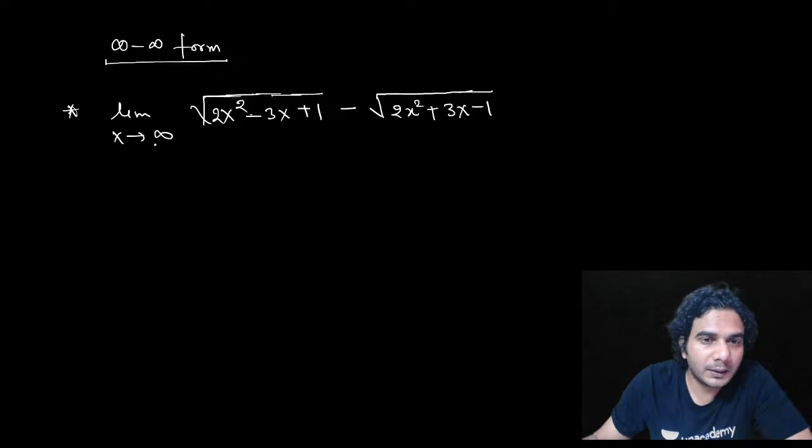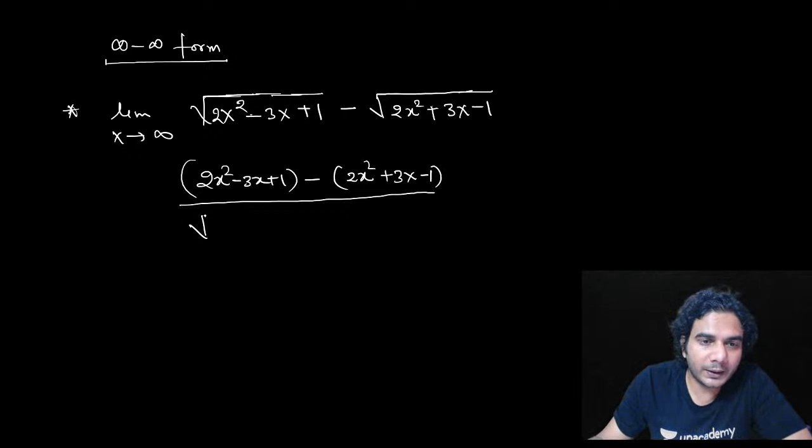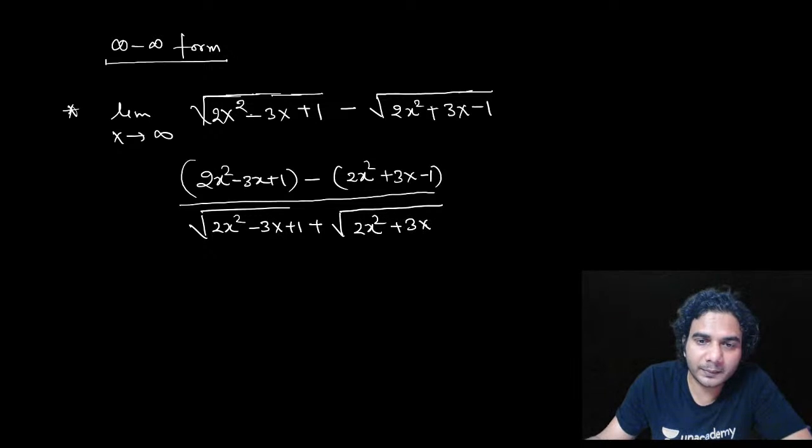So see this one, if I rationalize it, you will get 2x square minus 3x plus 1, and minus of it is 2x square plus 3x minus 1, all divided by under root of 2x square minus 3x plus 1 plus, it will be plus now, under root of 2x square plus 3x minus 1, with x approaching infinity.